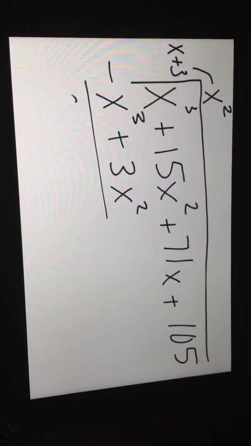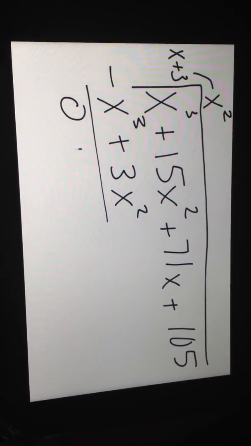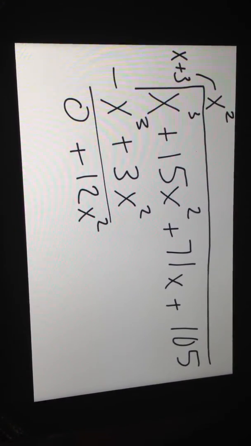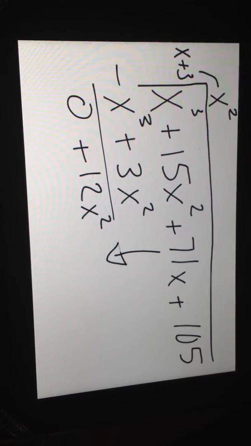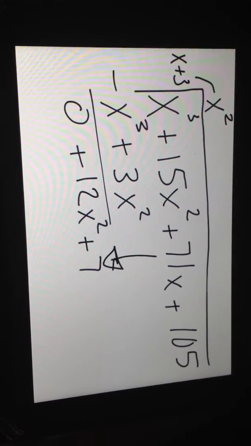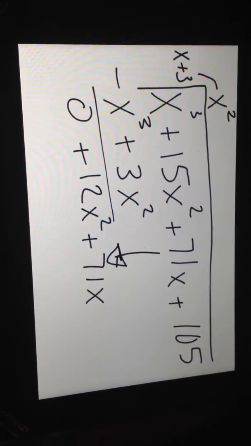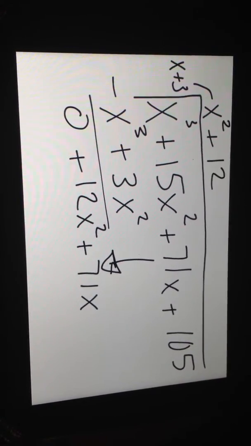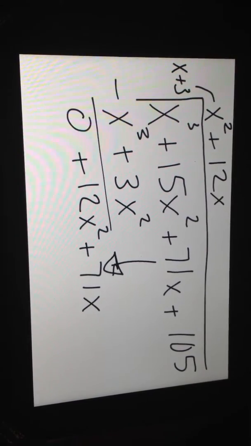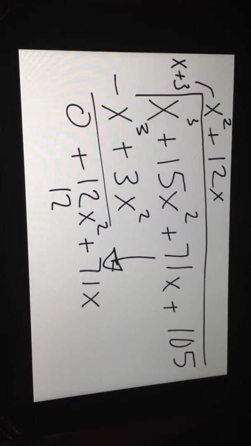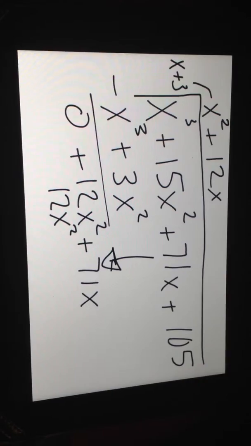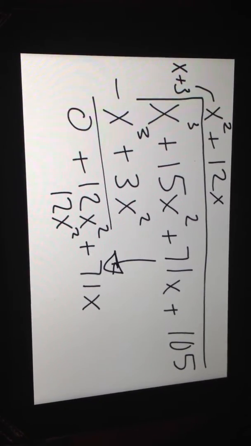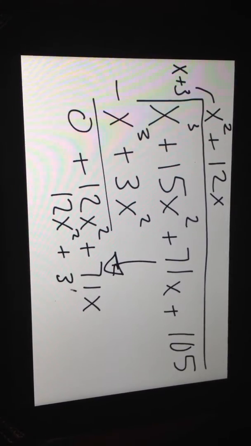Minus it. x times 12x equals 12x squared. 3 times 12x equals 36x.